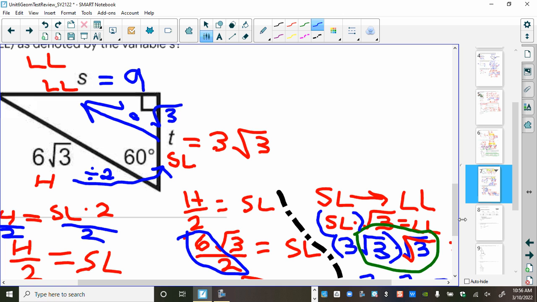Okay, questions before we go to the trig identities. Because the trig identities, that's going to be easier now because we did a lot of these. We've done a lot of them. That's all we were doing last class.